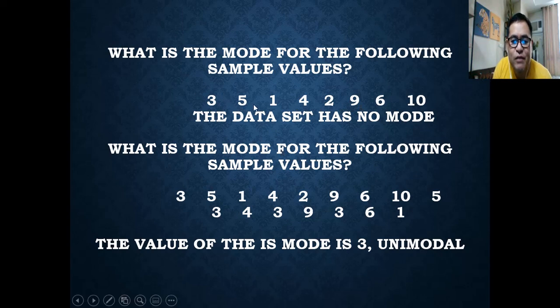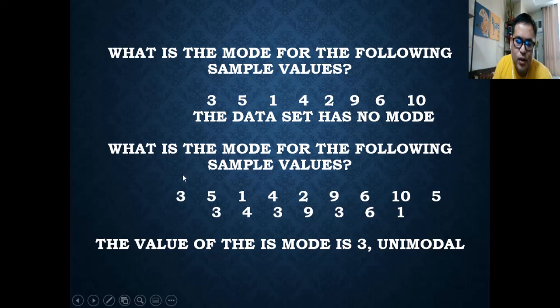If you observe the raw data, there's no particular number that appears more frequently. They appear once only. So that means the data set has no mode.